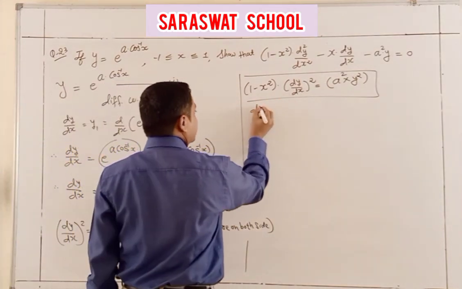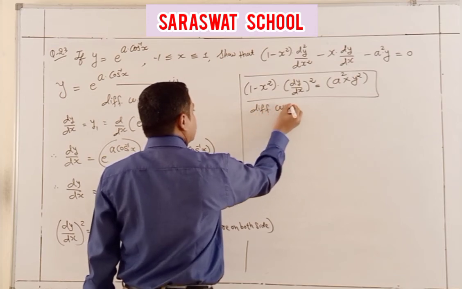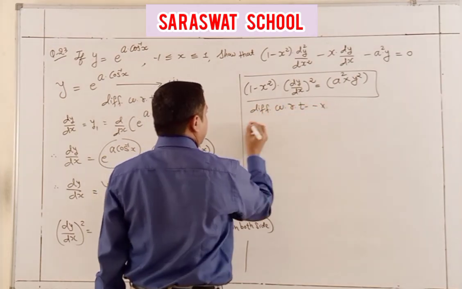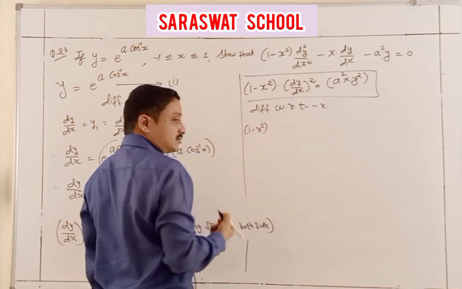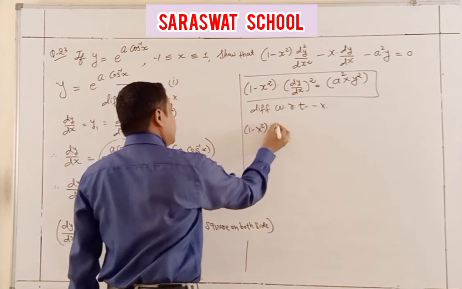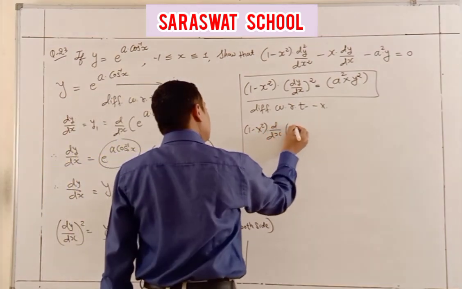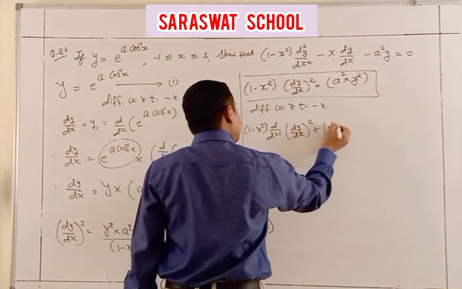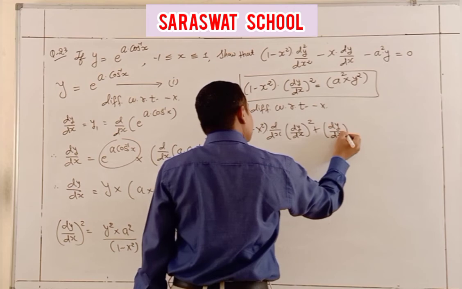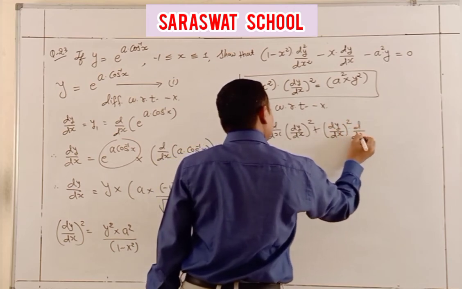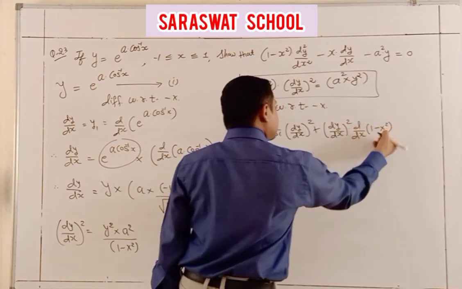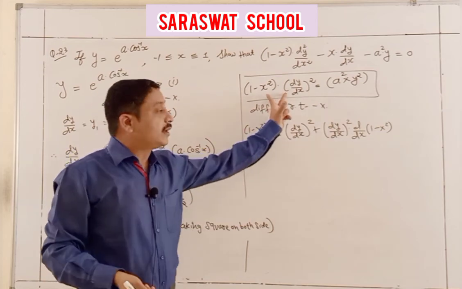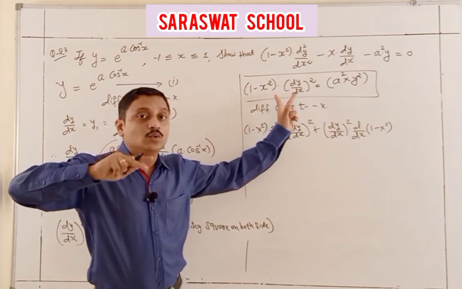So differentiation with respect to x. First, the second order derivative: d dx of dy by dx square, second d dx of 1 minus x square. Here apply our product rule.